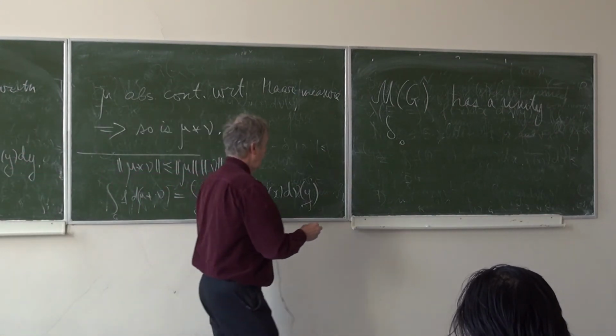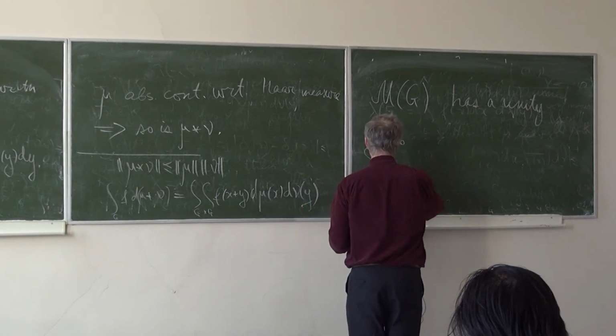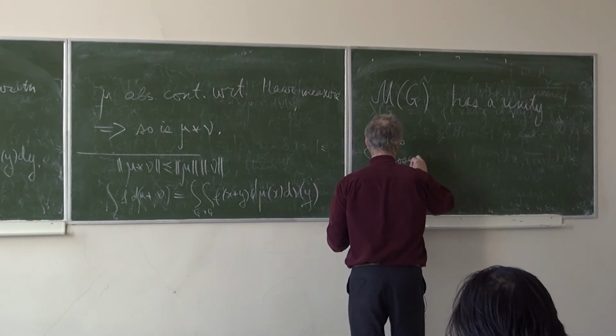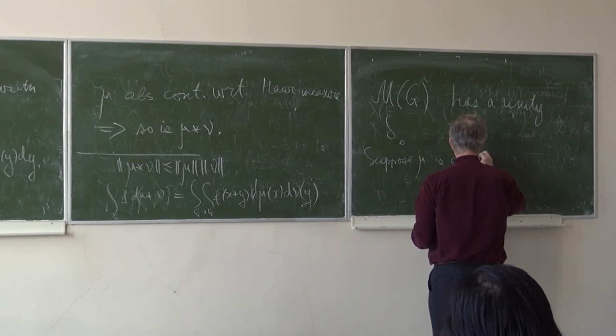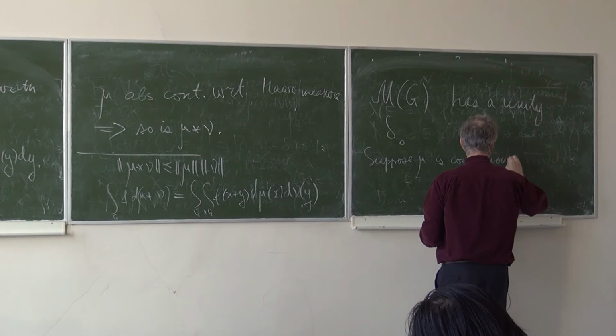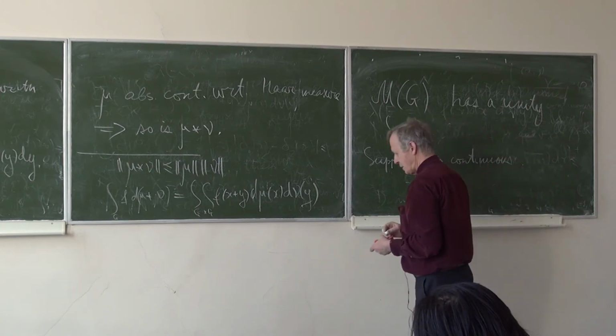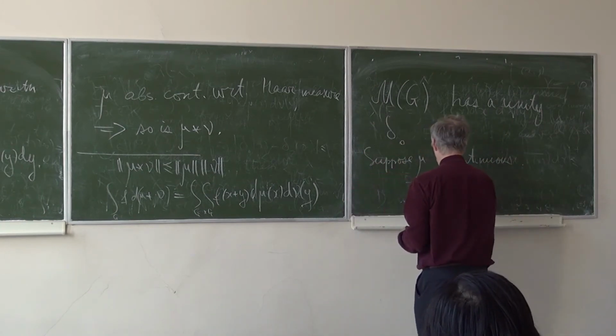Suppose mu is continuous. What about the convolution?